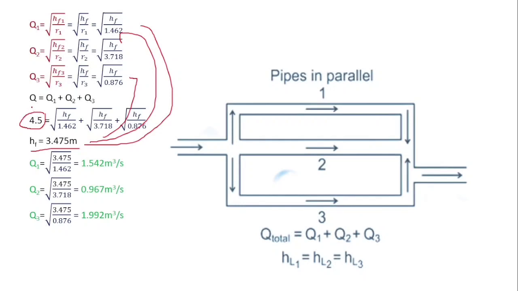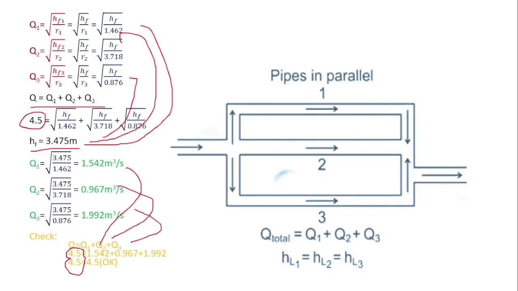So the Q is divided into three pipes. So we can check the value of Q is 4.5 given in question, Q1 from here, Q2 from here and Q3 from here. So left hand side equals right hand side, so our calculation and formula are correct.